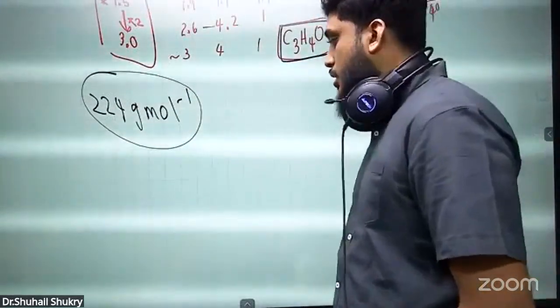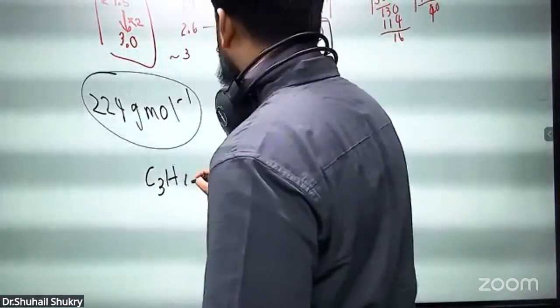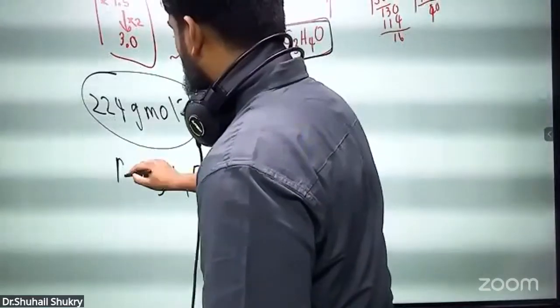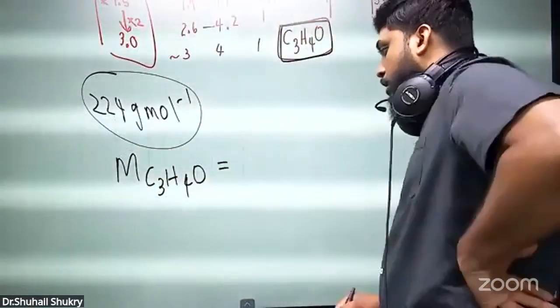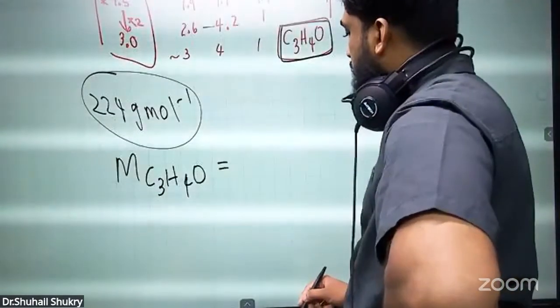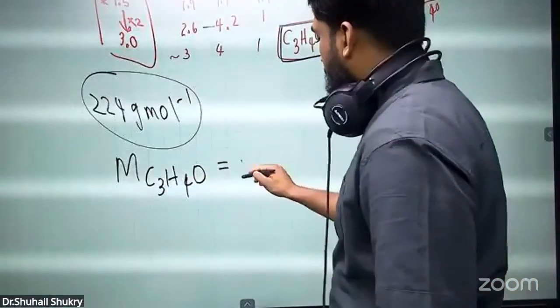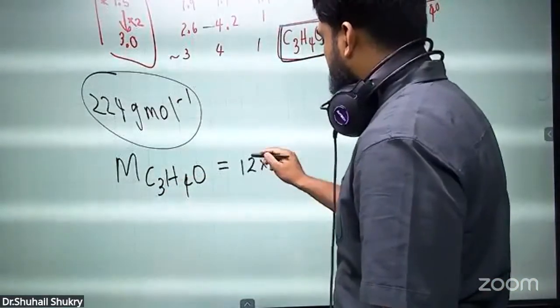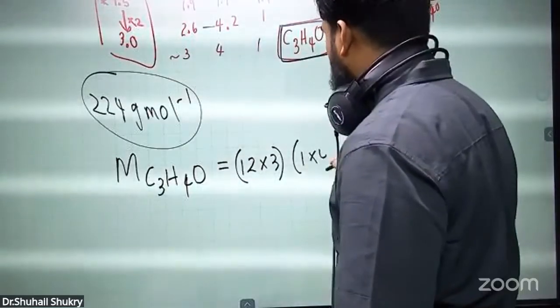We'll see the molecular weight of C3H4O, capital M of C3H4O. One carbon is 12, and there are 3. One hydrogen is 1, there are 4 hydrogens.